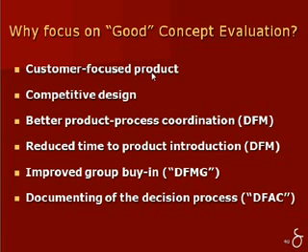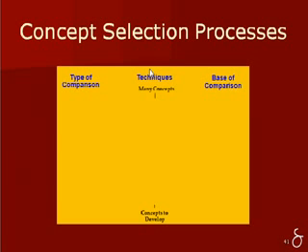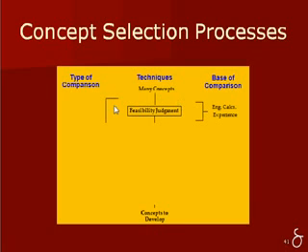And if we're going to take the concept selection process and draw it diagrammatically, let's look at the techniques we would use. So we'll begin by saying, is the concept feasible? Use basic engineering calculations. Does the design break the laws of physics?